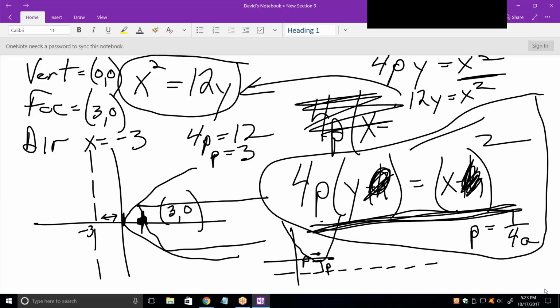I don't particularly agree. I really would prefer they use the vertex format and let you figure out what P is based on the fact that P is 1 over 4A, but I'm not the one that sets down the rules of education. So my guess is that you've seen this 4P. Not everybody does, incidentally.